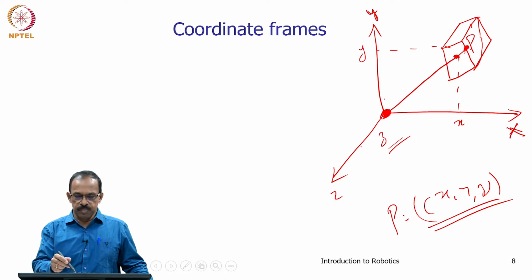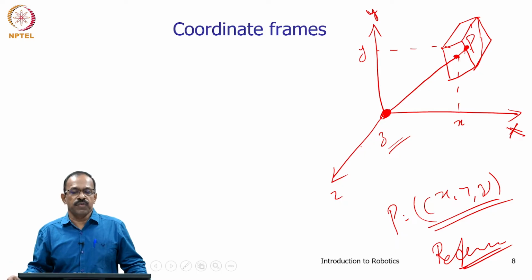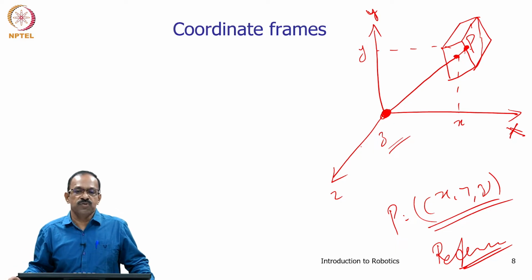So, this coordinate frame becomes the reference frame to represent the position of an object or a point in space. It can be 3D space or any dimensional space.